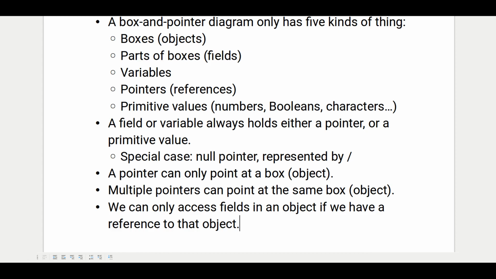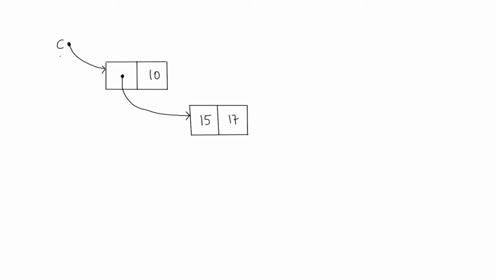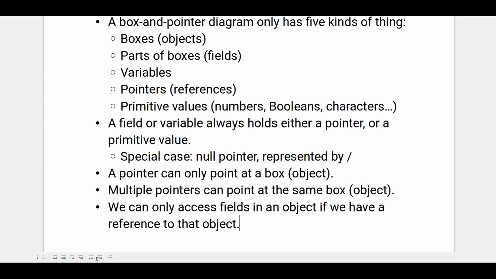So that means in situations where we did something like c.center.x, we couldn't jump directly to the x to read there. We have to follow the pointers from the c to find the circle object, then the pointer to the center, which is a vector object, and then we can read the x field of that object. So we can only access fields in an object if we have a reference to that object.